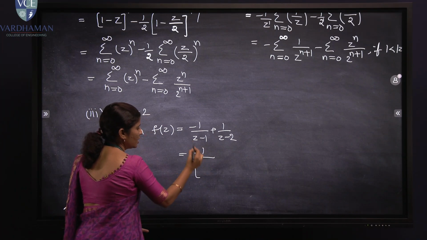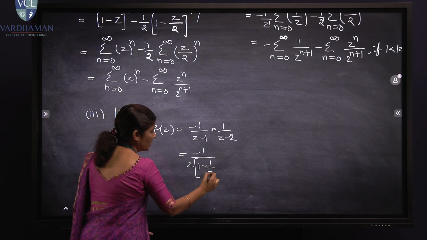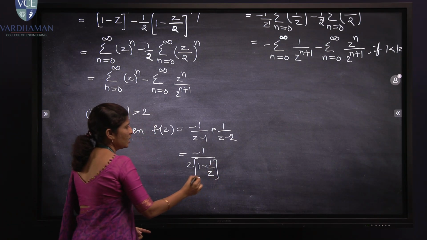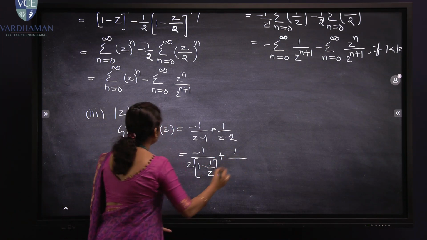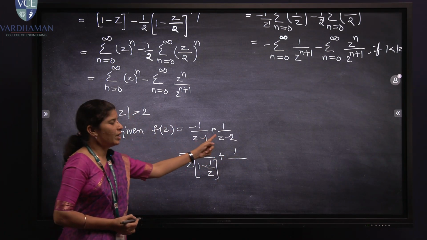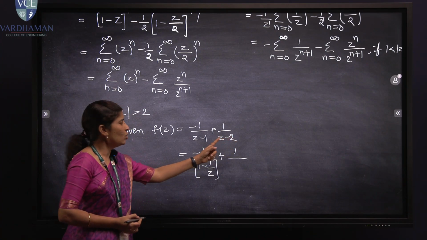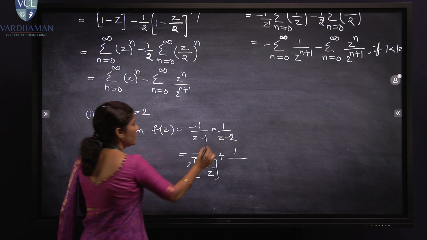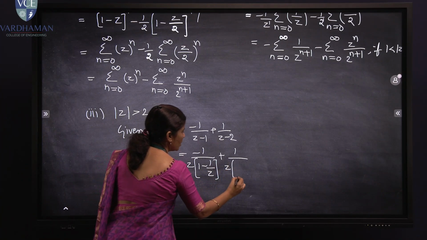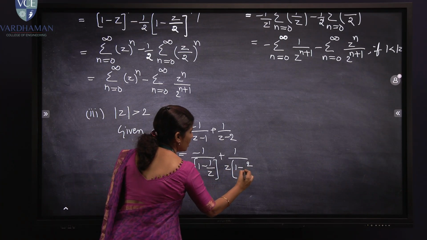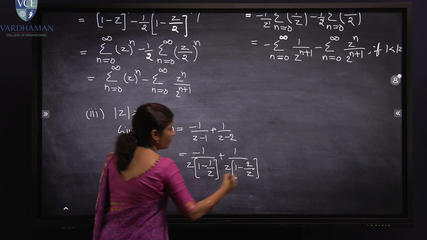And if we take the z common here, we will get 1 minus 1 upon z, plus 1 upon, and also we have the two terms z and 2, and in this z and 2 clearly z is greater, that is here I will take z common, then we get 1 minus 2 upon z.